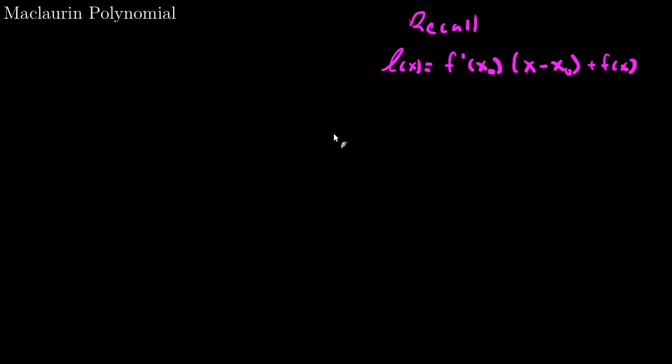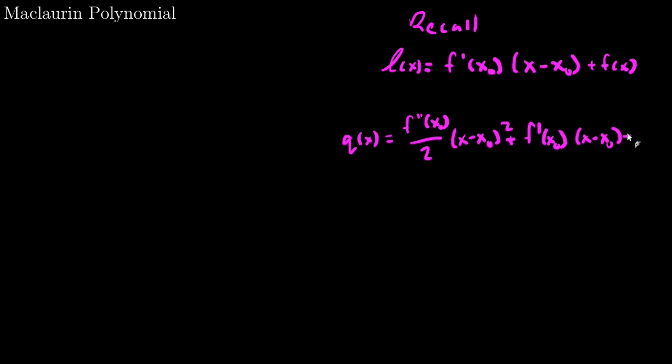And the quadratic approximation, now g, is going to be the second derivative at our center over 2 times x minus x naught squared, plus f prime of x naught times x minus x naught, plus f of x naught.